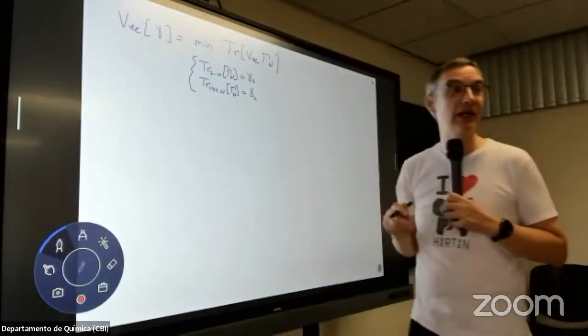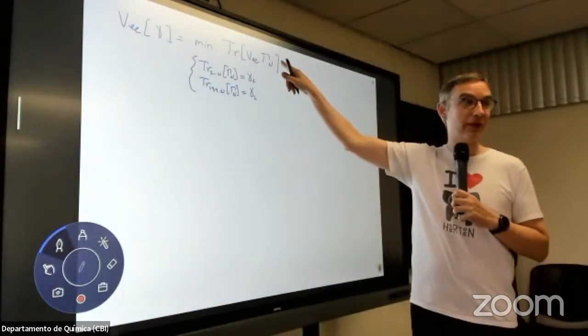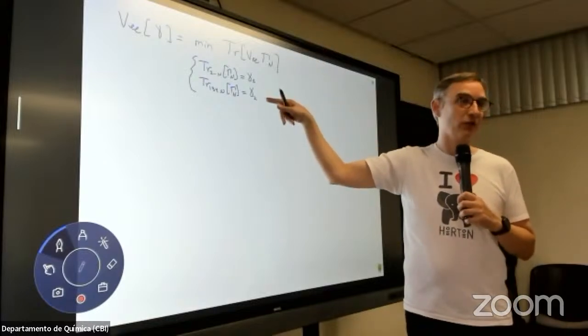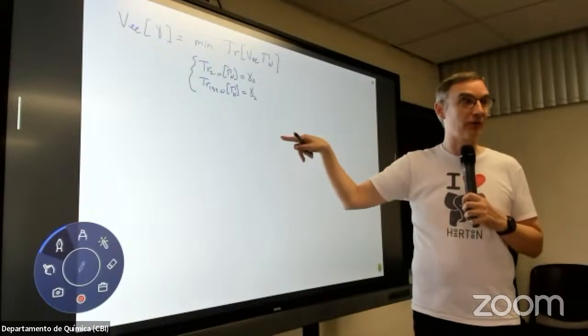So I can leave out any of them. I can have an electron density matrix. I can leave out the first coordinate, I get the first order density matrix. I can leave out the second, I get the first order density matrix. Doesn't matter which of them I do.